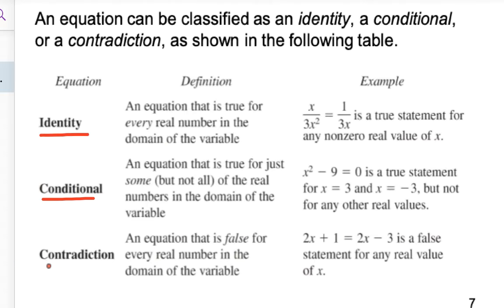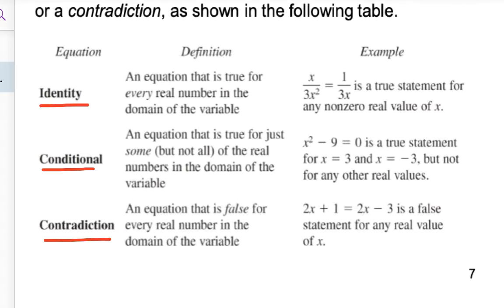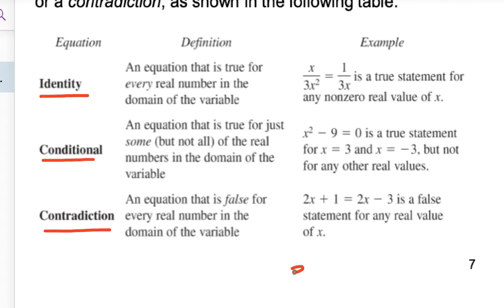Now, a contradiction is an equation that is false for every real number in the domain of the variable. For example, let's look at this one: 2x plus 1 equals 2x minus 3. So let's write this one down. We have 2x plus 1 equals 2x minus 3.